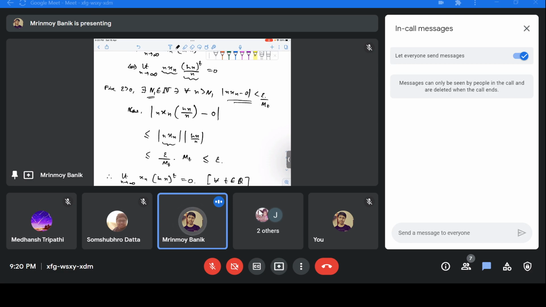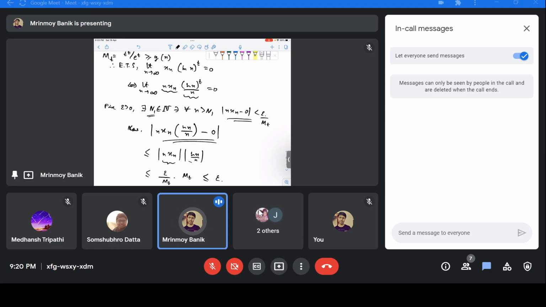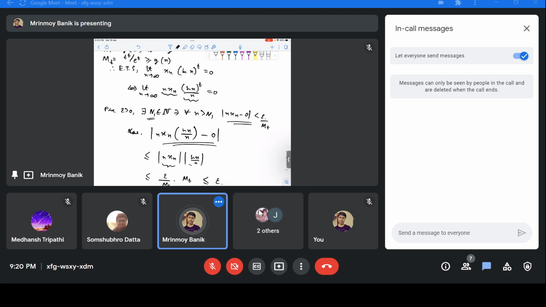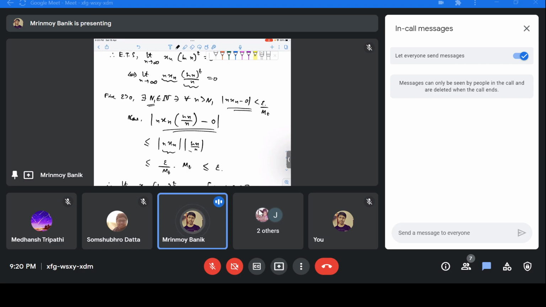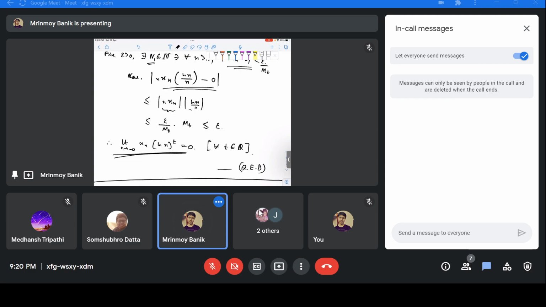And then we can just put up the framework for proving the limit of x_n times ln n power t, multiplying and dividing by n. This is bounded above by M_t, and we took epsilon in the first case as epsilon by M_t. So M_t gets cancelled out, we get epsilon.